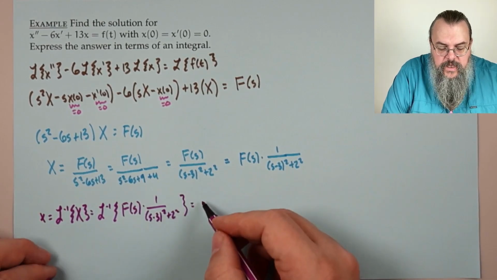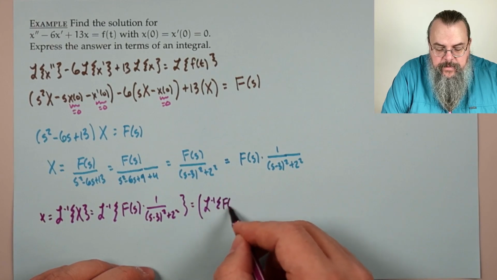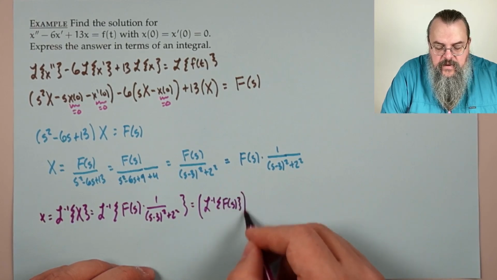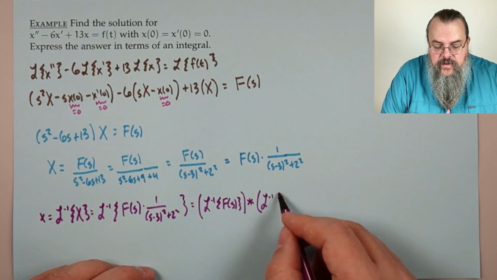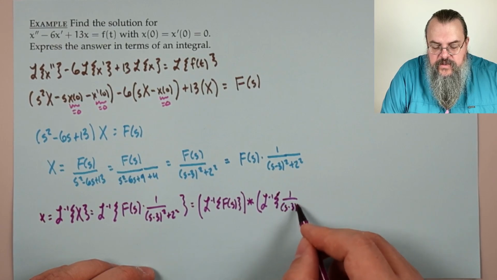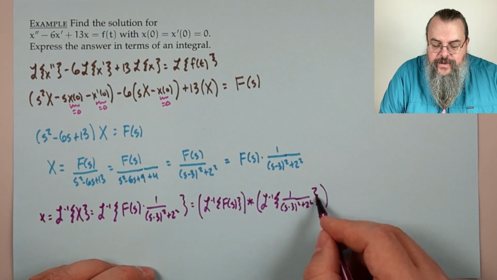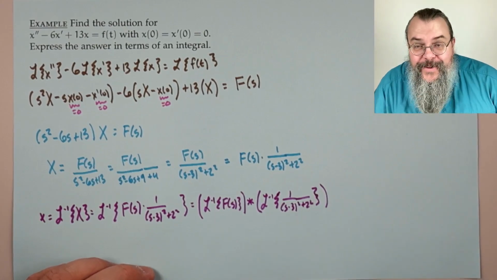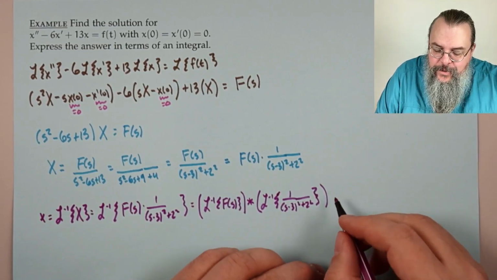Well, that's really the inverse Laplace of capital F of s, convolved with the inverse Laplace of 1 over s minus 3 squared plus 2 squared, which, normally you wouldn't write all of this out. I'm just doing this to emphasize what's going on, which is what?